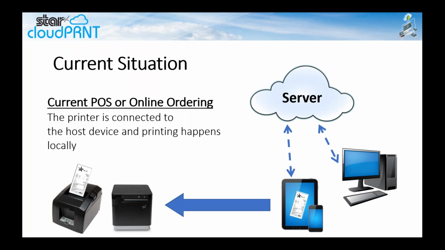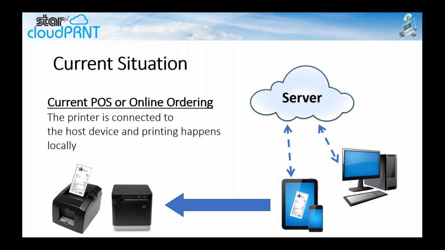So without further ado, this is kind of the 1,000-mile overview, but the current situation in cloud point of sale or online ordering is typically there's a device in the retail store or the restaurant. That might be a tablet, a PC, a Mac, it doesn't matter, but that's communicating with the software company's server. Maybe it's syncing or it's a web-based application. At the end of the day, it doesn't matter.